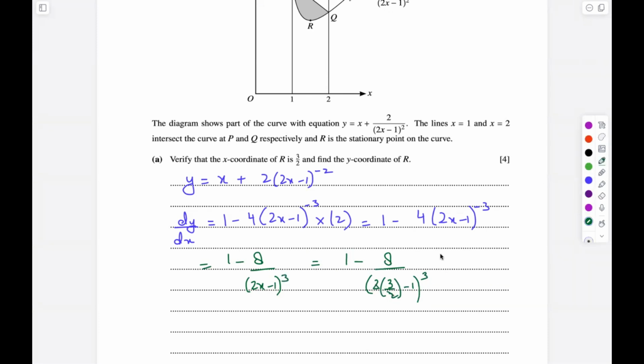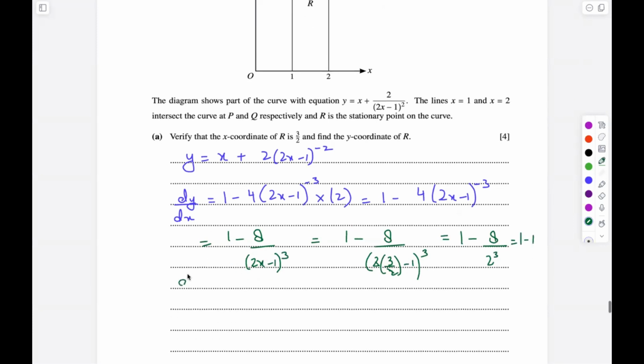So 2 and 2 will cancel out. 3 minus 1 is 2. So this will become 1 minus 8 upon 2 cube. 2 cube is 8. So that will become 8 upon 8, which is 1, which means dy dx is coming out as 0. So this means that R is a stationary point.